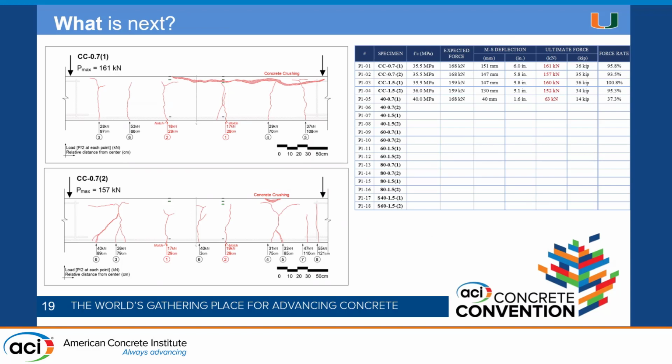So what is next? We would like to really understand how that bond is working, what the mechanisms of transferring the stresses are, because of course at a crack the rebar is taking the full stresses, but the rebar wants to transfer those stresses again to the concrete.